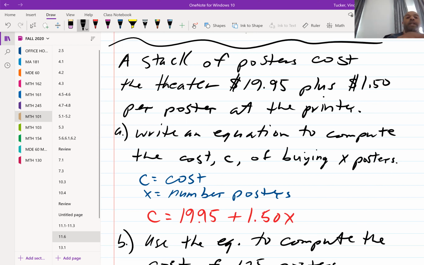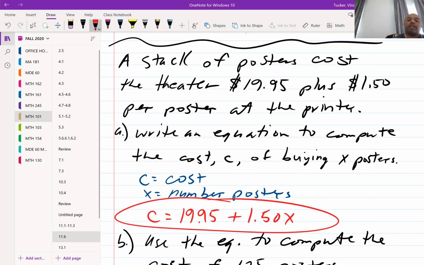That's a hint right there as to how we would set it up. So this would be our equation right here: C equals 19.95 plus 1.50 times x. All right, questions on that?